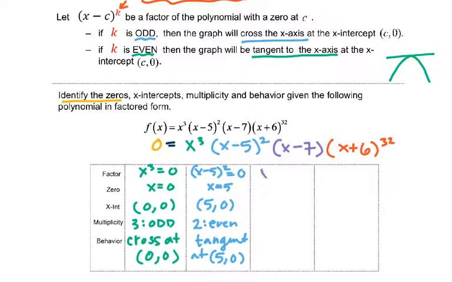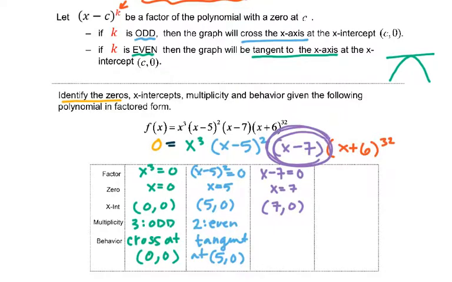My purple factor, if I set x minus 7 equal to 0, I'm going to get x equals positive 7. So if x equals 7 is a zero, 7, 0 is the ordered pair of the intercept. Now, looking at this factor, what is my exponent?